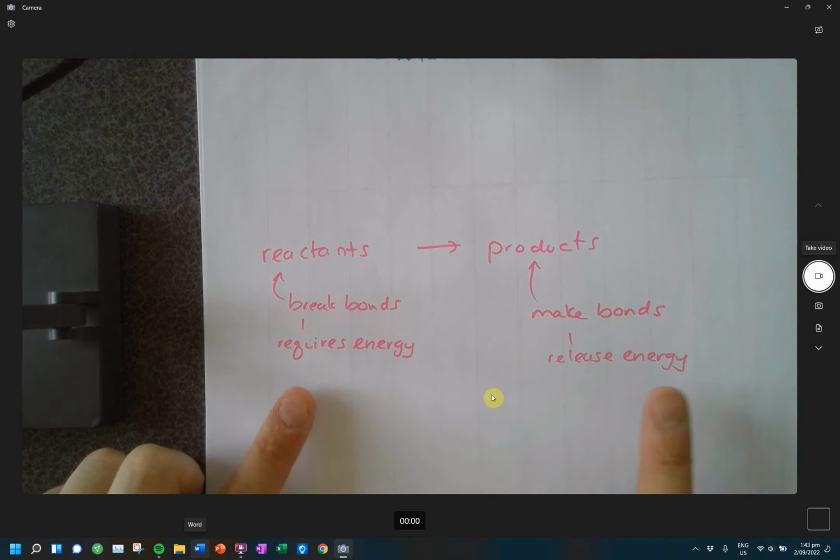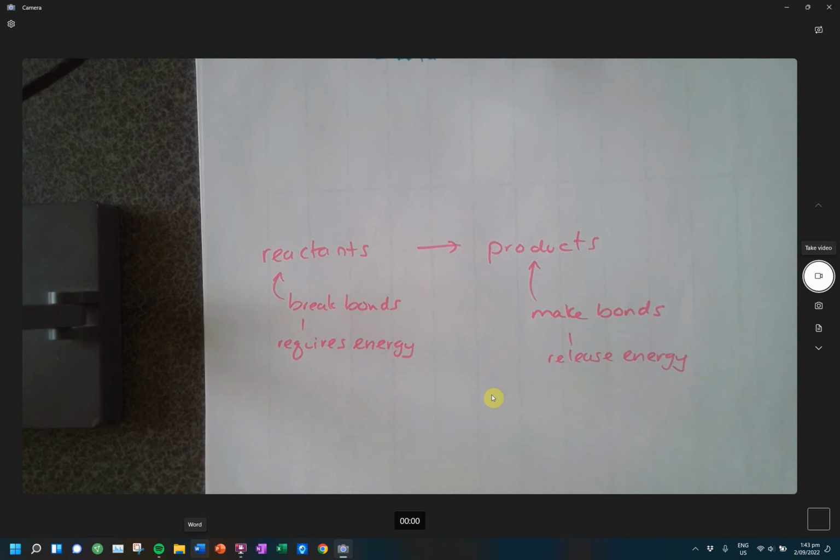What we can then do is compare and contrast how much energy is required versus how much energy is being released. So in an exothermic reaction, the energy made by new bonds is greater than the energy required to break all those bonds.